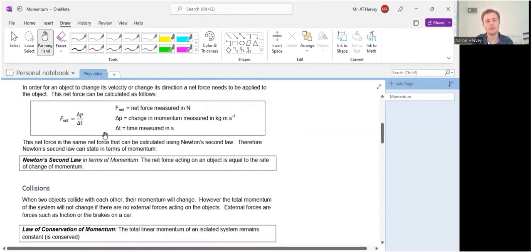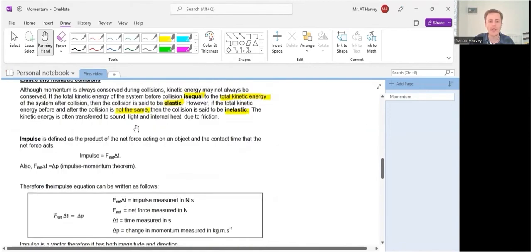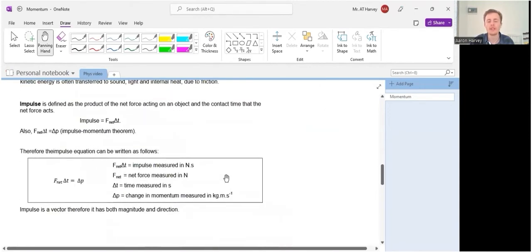And if you notice, it's actually got all the same components. So both of these formulas have the same variables, just written differently. You'll see that your delta t, your change in time, is no longer on the right-hand side of your equation, but is rather on the left-hand side.